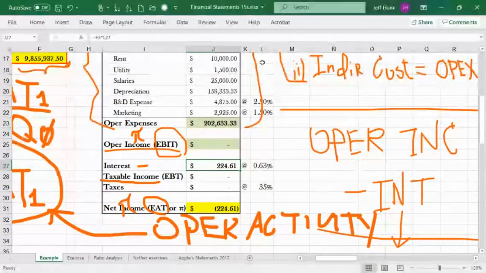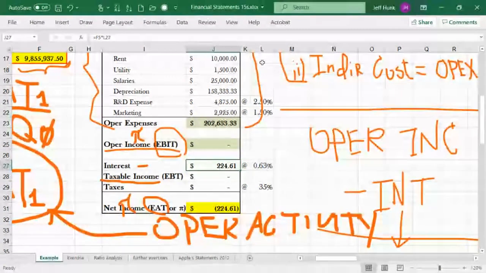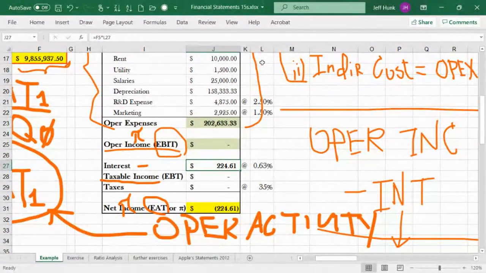Equity means stocks, shares of stock. Share means what? You have an ownership share in the company, right? If you're an equity investor, you have an ownership share in the company.